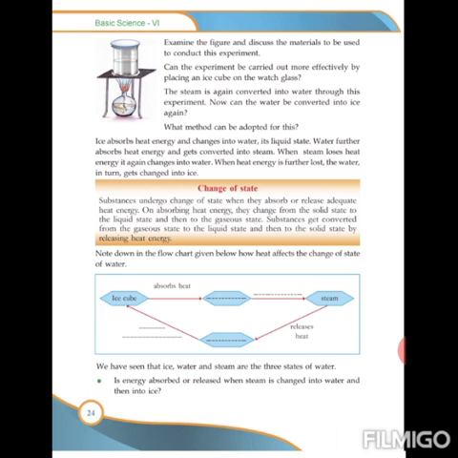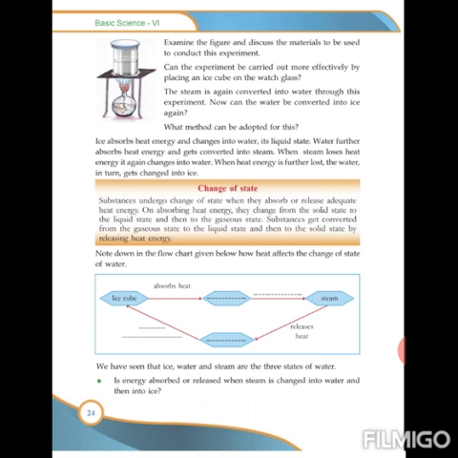So, when they absorb energy, they change from solid to liquid and liquid to gaseous state. And when they release heat energy, gaseous state is converted to liquid state and then to solid state.